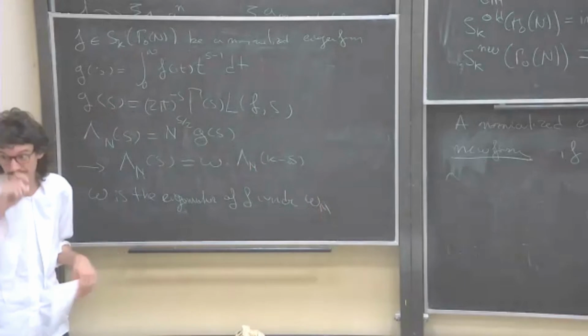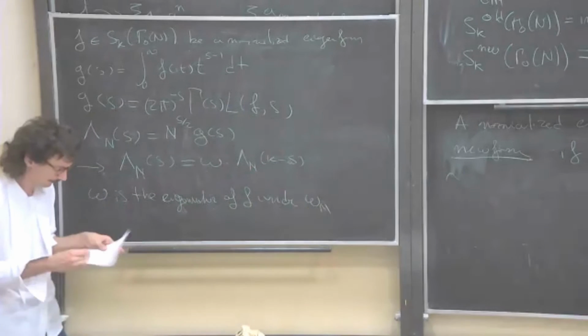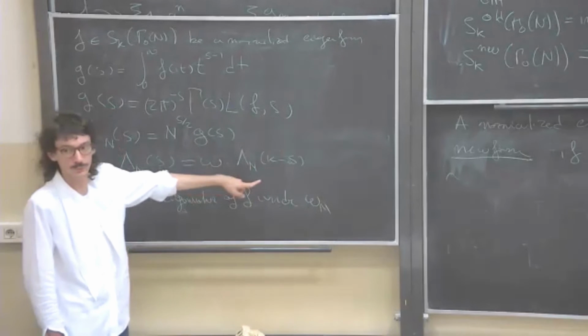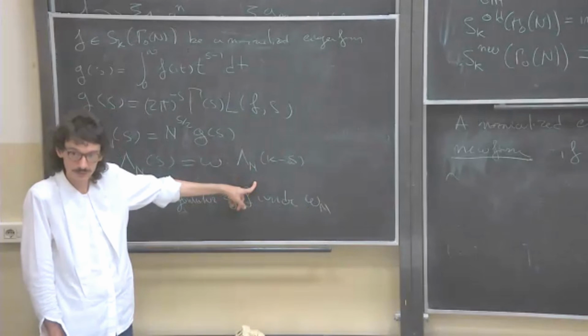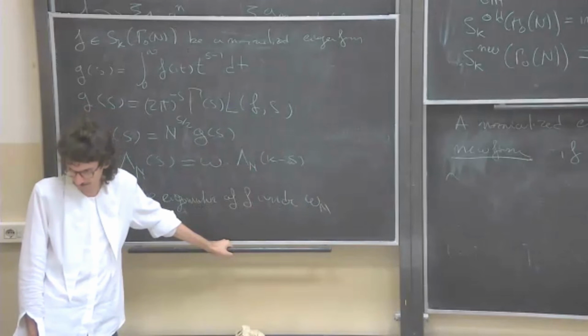Being an involution, it means that this eigenvalue can be only plus or minus 1. But in particular, now we have a functional equation and an analytic continuation of L of f. So we have done the work for modular forms.